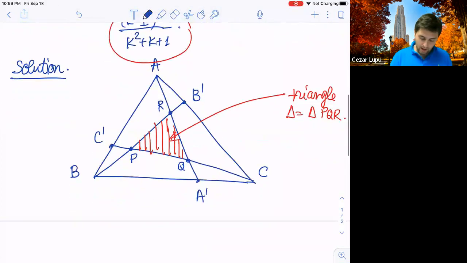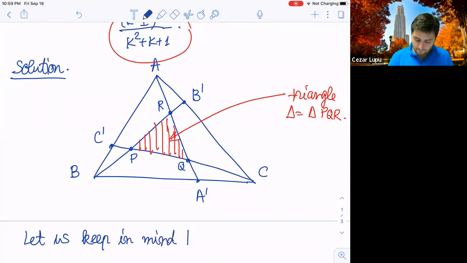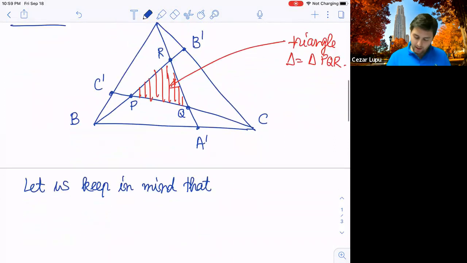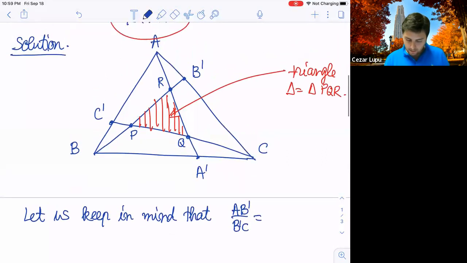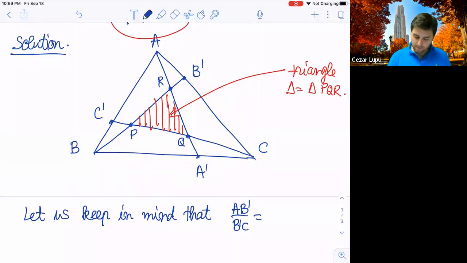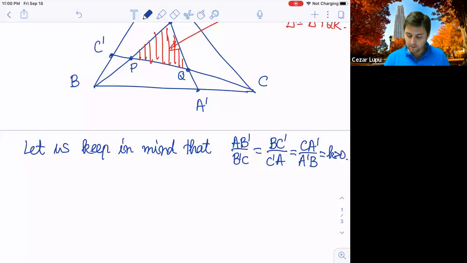Keep in mind that AB prime over B prime C is the same as BC prime over C prime A, and is the same as CA prime over A prime B. And this is K, a positive constant.